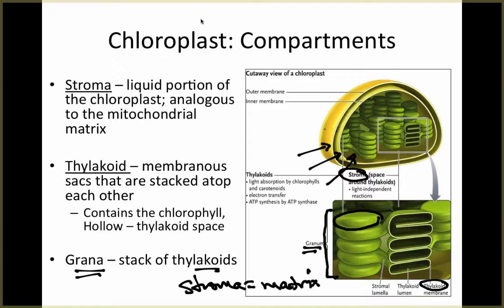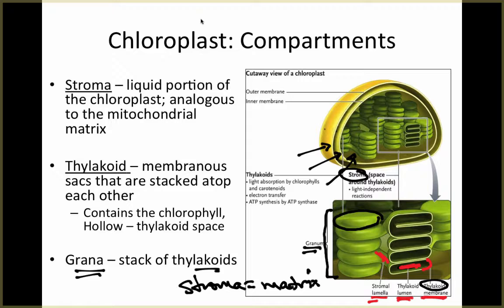And the thylakoid, in it, you'll notice the inside here. Actually, let me change your color really quick. If you notice right here in this middle part, that is a lumen. And the outside of it here is the membrane. And the lamella are those that connect the two grana.